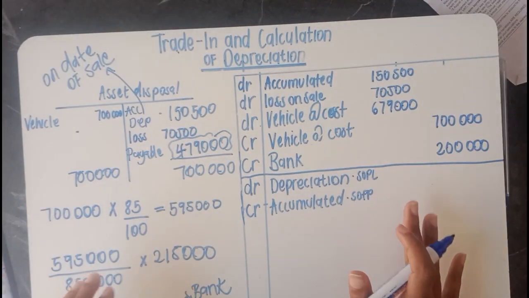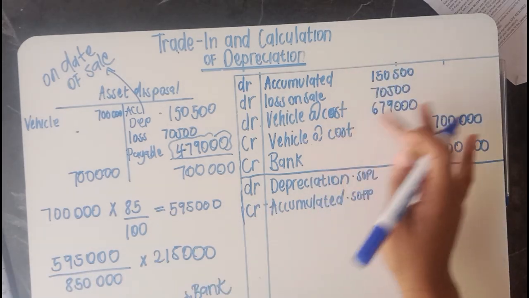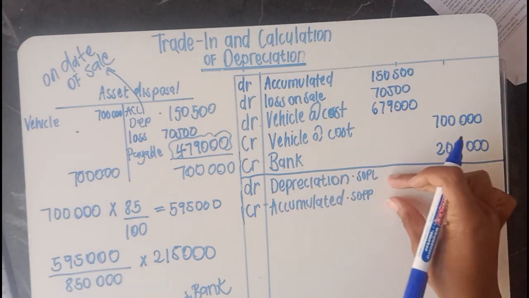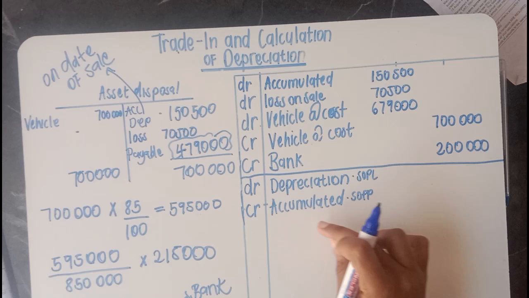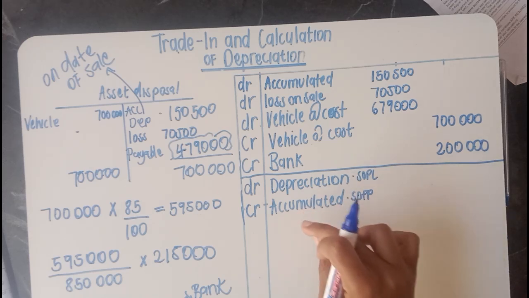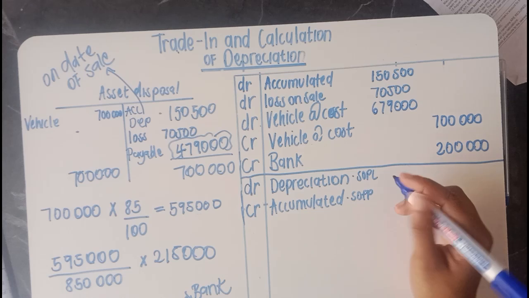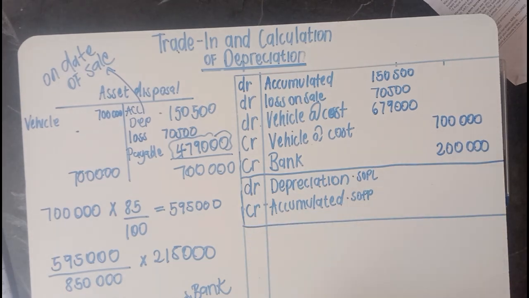Other than that, if you have 1, 2, 3, or 4 marks, and if it's 0.5, 2 marks, you're good to go. So remember that all the time you have depreciation debited and accumulated depreciation credited when you are recognizing the depreciation expense. So now let me close this so we can continue calculating.